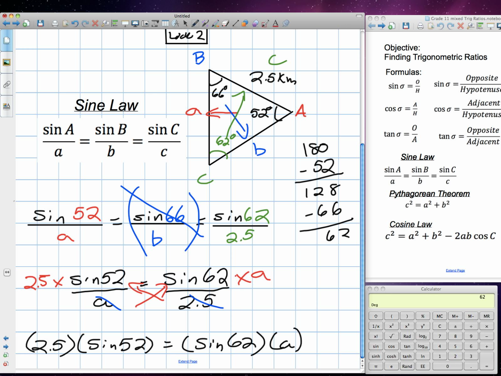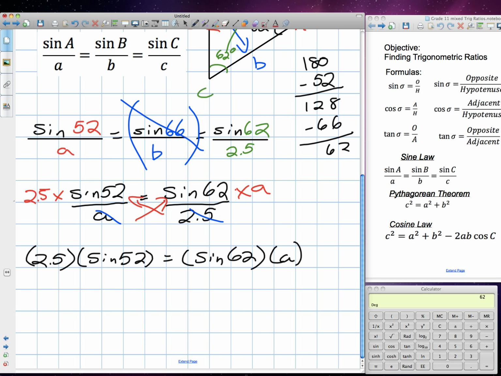Okay. Now the whole point of this is to get A by itself. So how can I get A by itself? What do I need to move? I need to move sine 62, and how do I do that? Yes, good. Because that's multiplied by A, now we have to divide. So we divide sine 62 on both sides. I have to divide the entire side by sine 62.